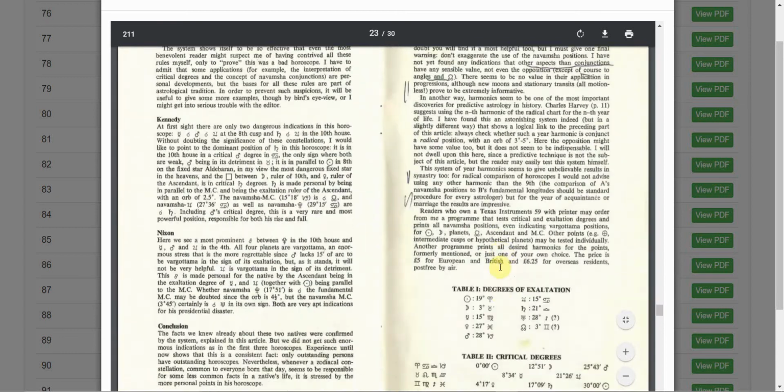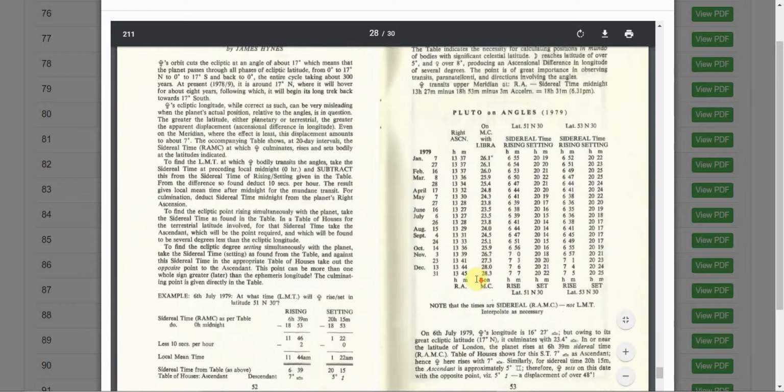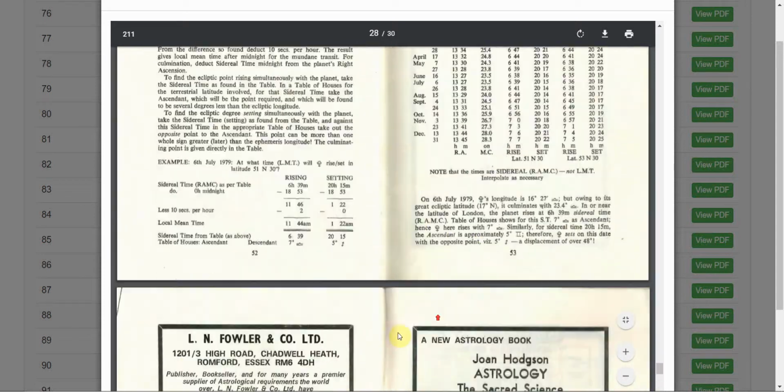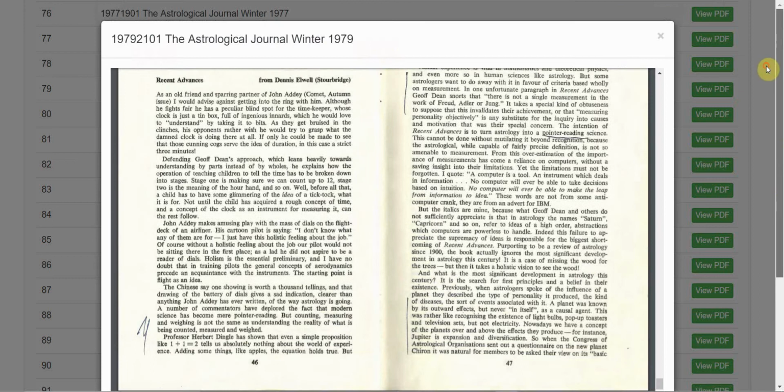I'm looking to see if there are any charts that are still printed. It may be a bit early for that, but certainly in the coming decade, computer technology was going to make a major difference to the way that the journal presented its data and information.